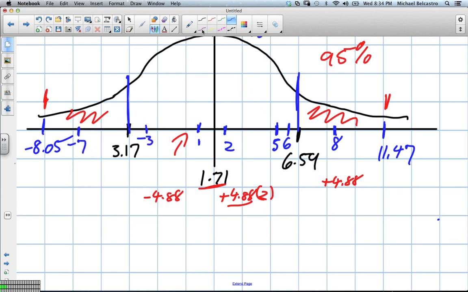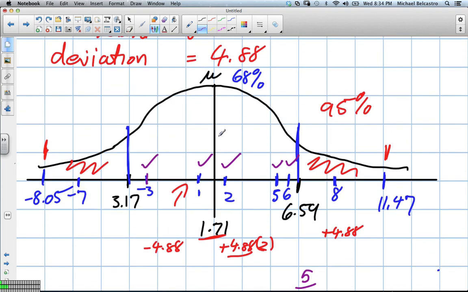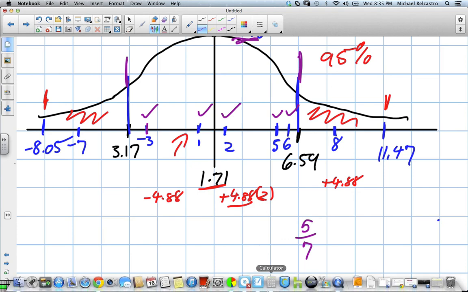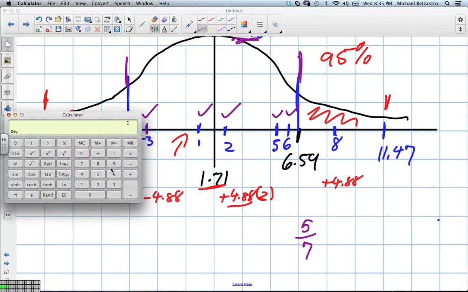So if you look, 1, 2, 3, 4, 5 of the 7 fell within the first standard deviation here. As a percentile. Now, the more we do this, the closer we get to 68%. Just to see what that is as a percentage of the data, 5 divided by 7, maybe a little higher. Yeah, 71.